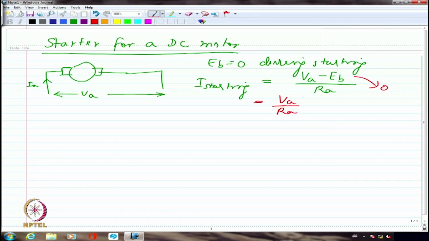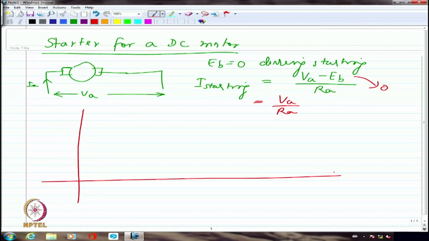And this is going to be extremely large, and that's what we indicated, if you may recall, in the last class by the speed torque characteristics that we drew. If we normally draw the speed torque characteristics, we will draw it like this, right? If I extend it until it intersects the speed axis, that corresponds to the amount of current it draws or the amount of torque that is developed.